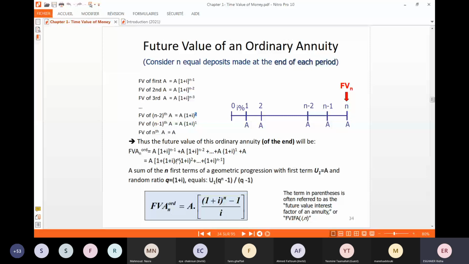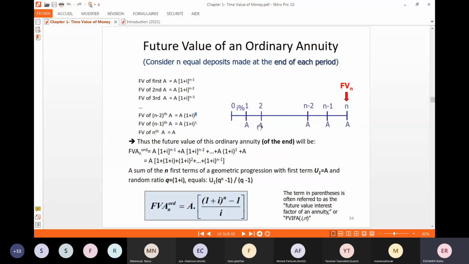This represents, in mathematics, as you saw in business calculus at the freshman level, the sum of the first n terms of a geometric progression. In a geometric progression, we have the first term, which is A, when we put A outside the brackets.